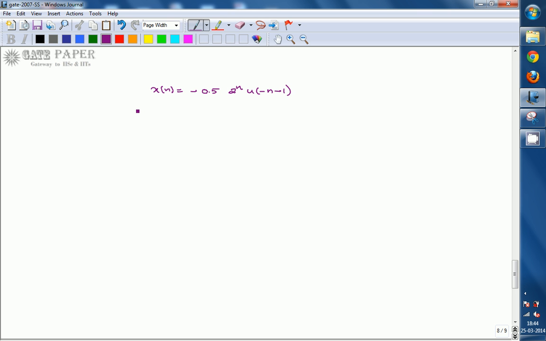We need the x(0) value, so substitute n equals 0 here. Then x(0) equals minus 0.5 times 2^0 times u(-0-1), which is minus 0.5 u(-1).